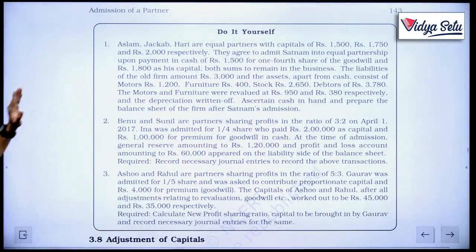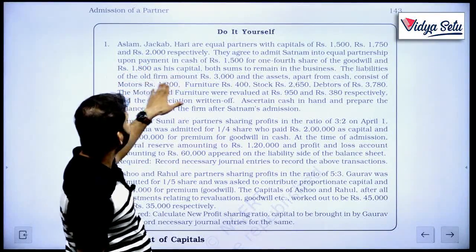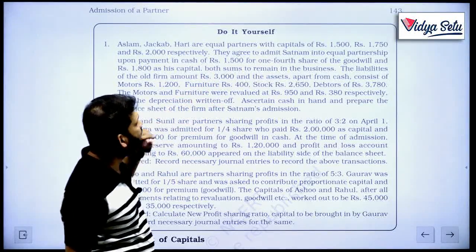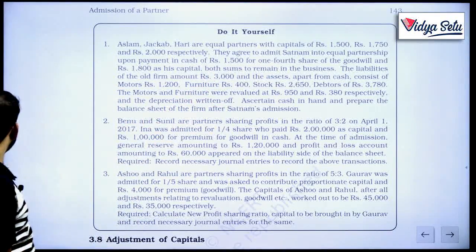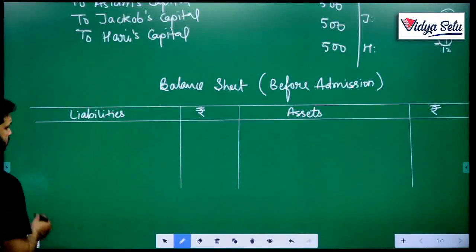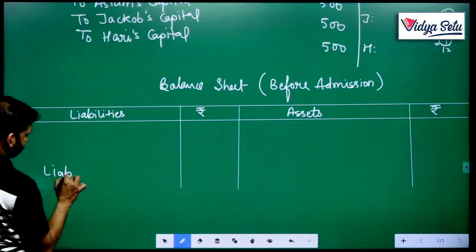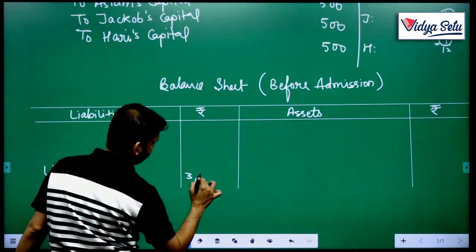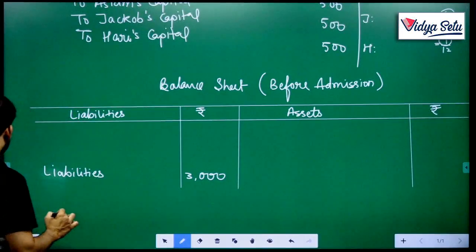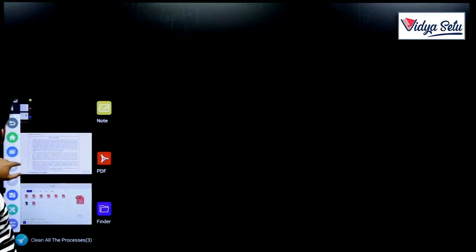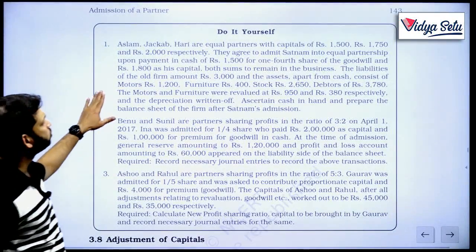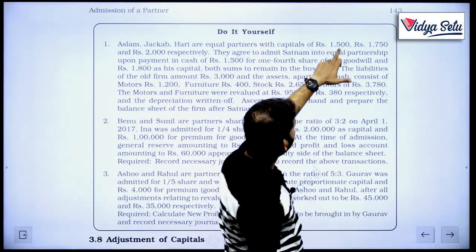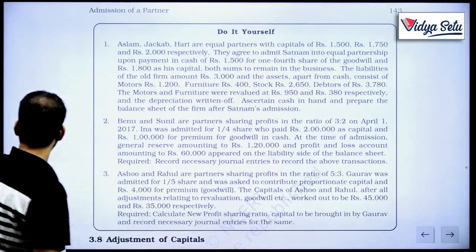The liabilities amounted to rupees 3,000. Let's first write down the liabilities. Liabilities amounted to 3,000. These were the original capitals of 1,500, 1,750 and 2,000.